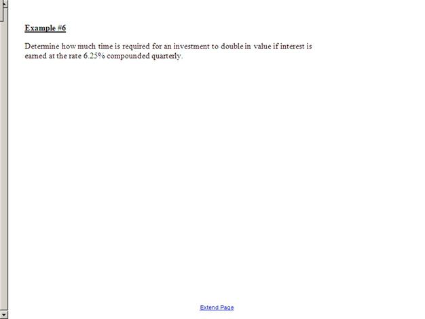The first one is that the amount after a certain amount of time will be the initial amount, called the principal, times 1 plus r over n raised to the nt. That's if it's compounded anything other than continuously.